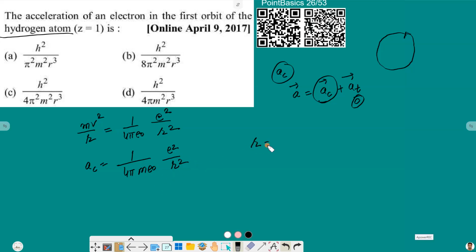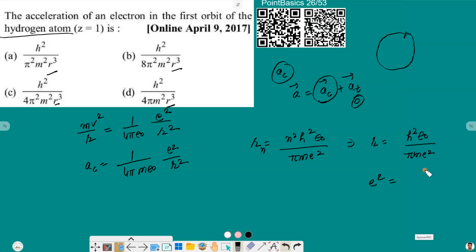So we know from the Bohr model that rn is basically equal to n square h square epsilon naught divided by pi m e square. And we are discussing the first orbit, so n is 1. So from that, r is equal to h square epsilon naught by pi m e square. Now in the options we have r also, and charge is not present, so we will substitute the charge.